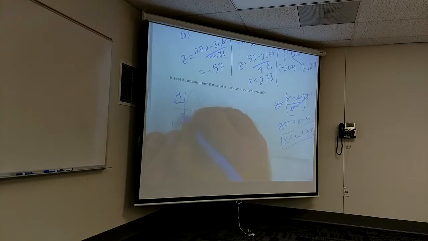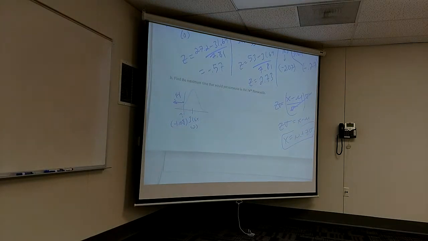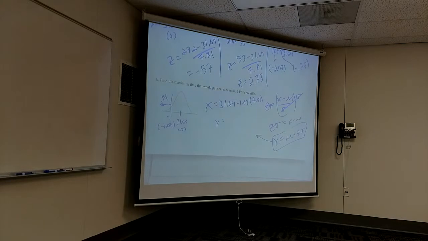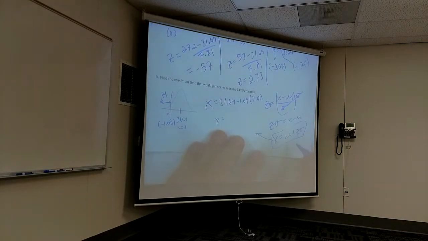So what I'm trying to figure out is, what's that time that it relates to? Well, now I have a formula that solves for x: it's going to be the mean plus negative, so minus 1.08 of these. So if you do that, what do you guys get? Is everybody cool with that? This is another formula we're going to have on our formula sheet. We can use it wherever we want to. And then whatever you get there.